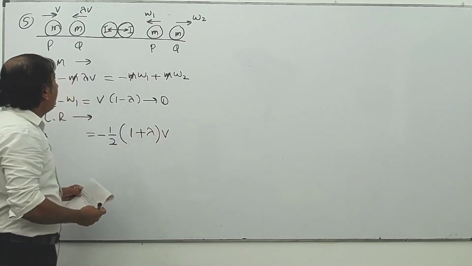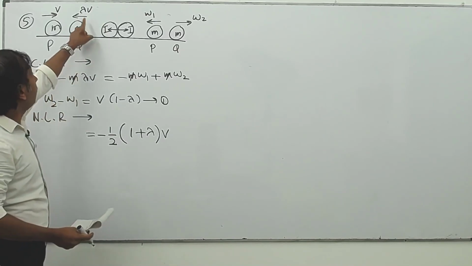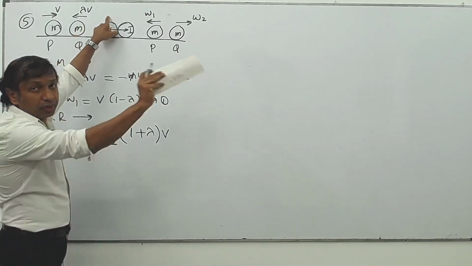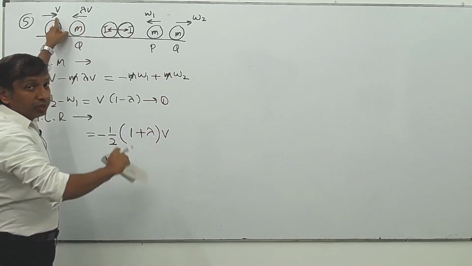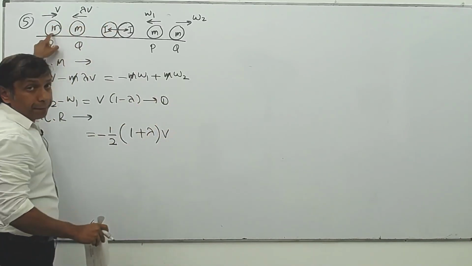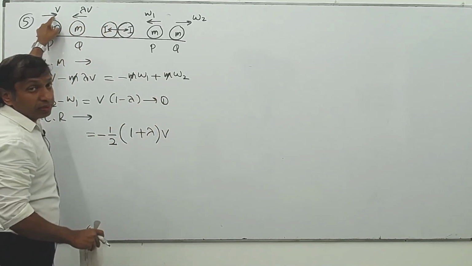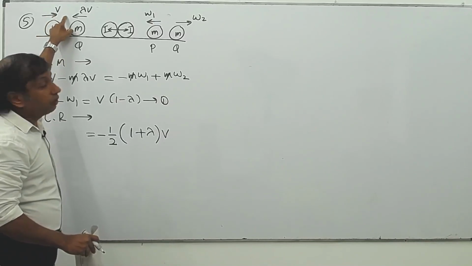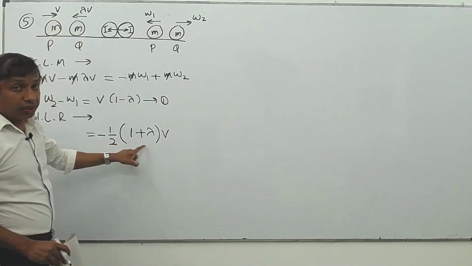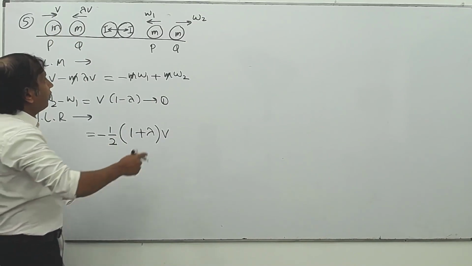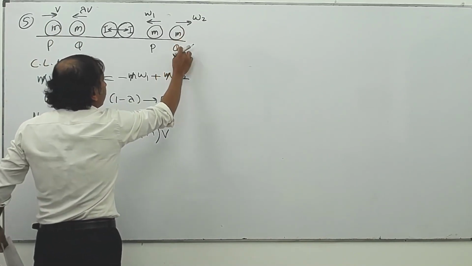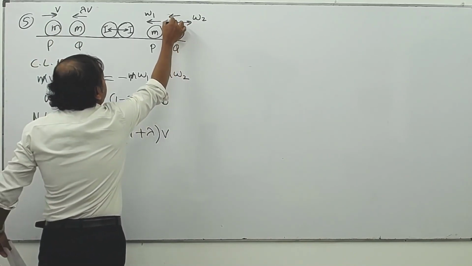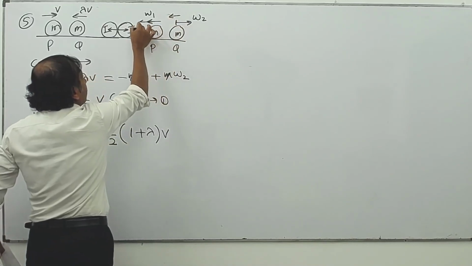Correct, no? I am going to stop this Q. Then lambda v we have to apply rightward. Same lambda v should apply on this P. Then v plus lambda v is the total velocity relative to Q. After impact also, I have to stop this Q. W2 we have to apply this way, then same W2 onto this.